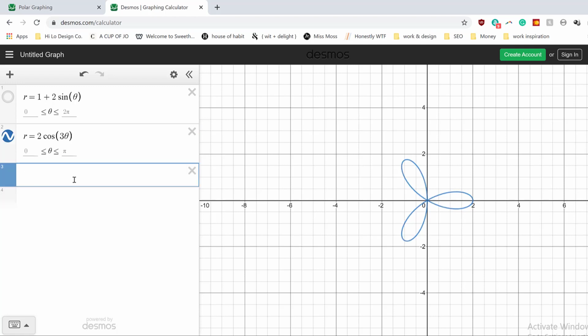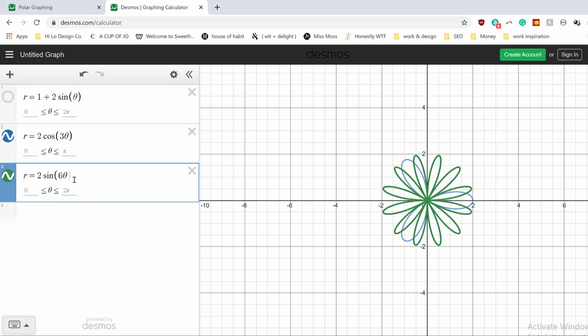So it'll do all of these ones for us. You can check your work. Let's do 2 times the sine of 6 theta. Now we've got a 12-petaled graph because the number we plugged in here is an even number, so we get double that number of petals.